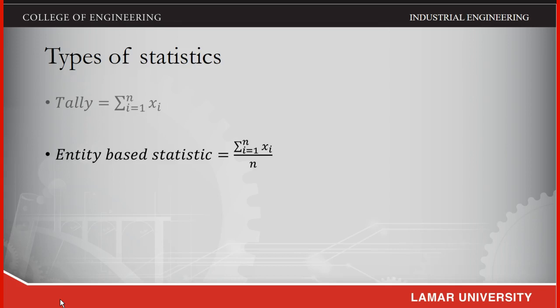Or if we wanted to compute the average time in the system for all entities, we would need to add all the time in system for each one of the entities, and then divide that total of time, summation of times for all the entities, divided by all the number of entities that contributed with that data, to estimate an average number for the time in system.